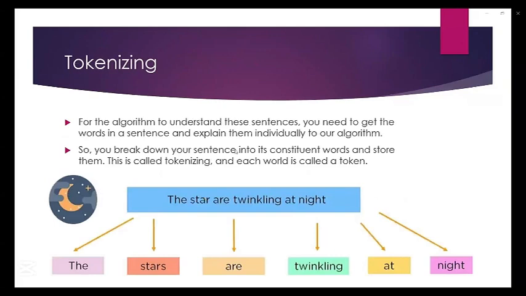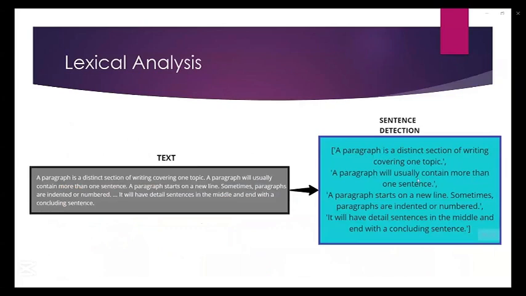In the next slide also you can see, once we split things up, we call each part a token, and we call this process tokenizing. You can see "the stars are twinkling at the night"; there are 6 tokens here after the tokenization part.